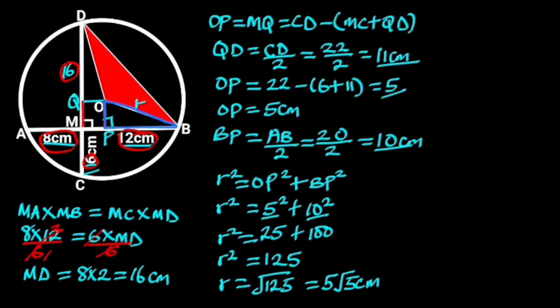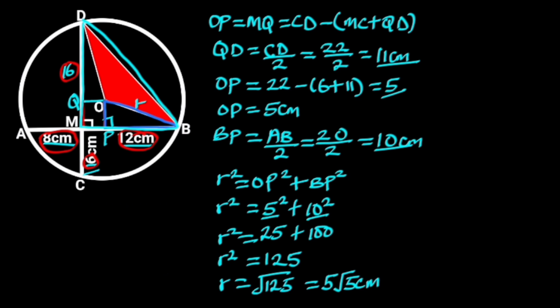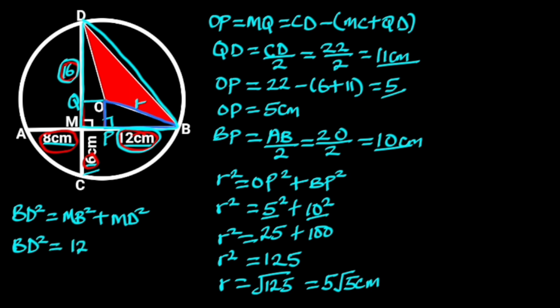Going further, observe that triangle BMD is also a right-angled triangle. Let's apply Pythagoras' theorem to find BD. From Pythagoras' theorem, BD square equals MB square plus MD square. MB is 12 centimeters and MD is 16. It follows that BD square equals 12 square plus 16 square. 12 square is 144, and 16 square is 256.